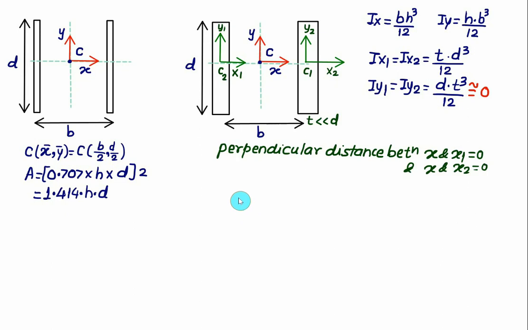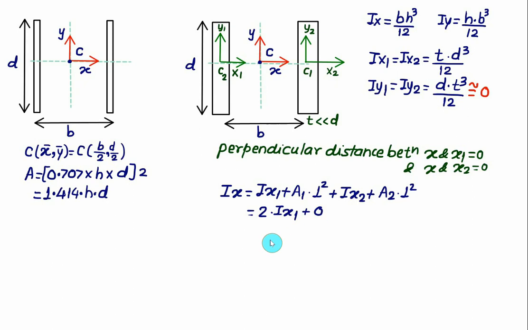By the parallel axis theorem, the moment of inertia about the x-axis is equal to Ix1 plus area A1 multiplied by perpendicular distance square, plus Ix2 plus area A2 multiplied by perpendicular distance square. Ix1 is the same as Ix2, so we have 2 times Ix1, and the perpendicular distance is 0, so the second quantity will be equal to 0.